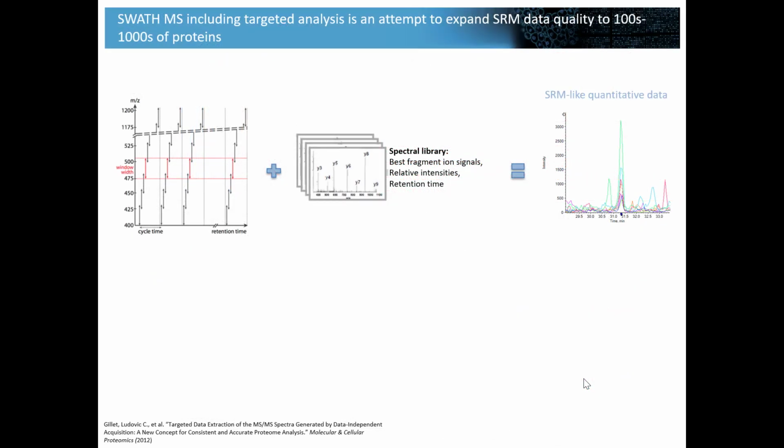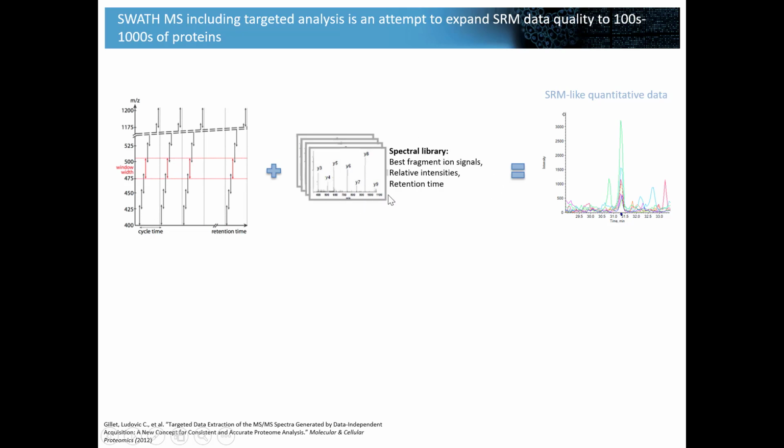Okay. So the goal in terms of SWATH or DIA was to expand this. We wanted to get the data quality of SRM shown in this previous heat map, but maintain the number of precursors that we could monitor. And this was done by combining basically two things: data independent acquisition, where we use wide precursor isolation windows to continuously cover the precursor space, plus prior knowledge.